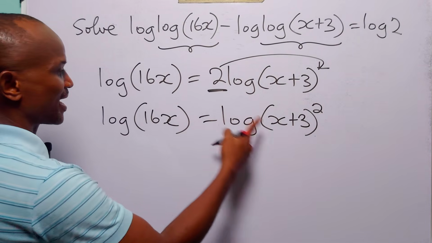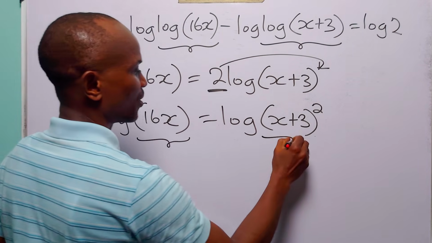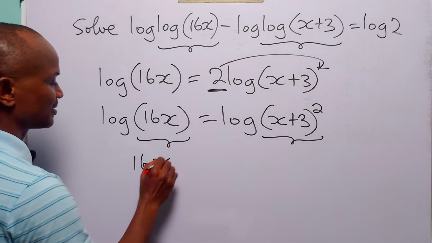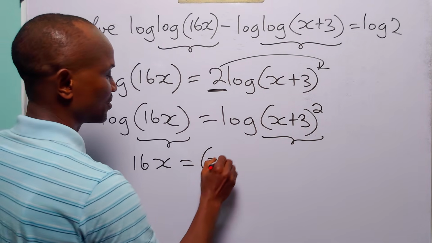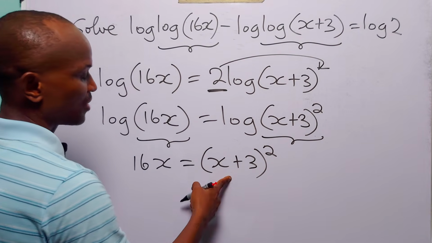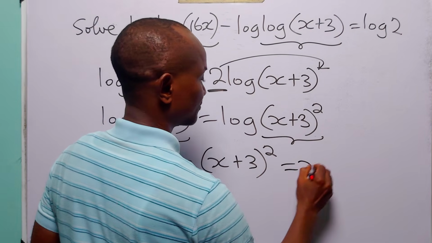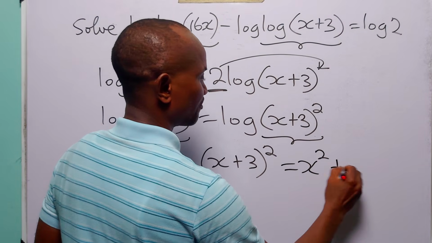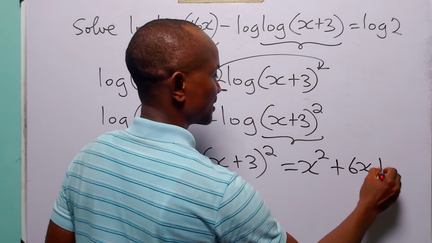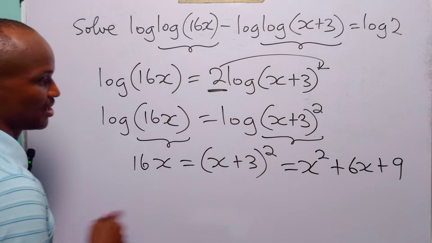Once more, let us compare both sides of this equation. We have that log this is equal to log that. Now, this simply means that 16x is equal to x plus 3 squared. When we expand the right-hand side, we have x squared plus 2 times x times 3, that is 6x, plus 3 squared, which of course is 9.